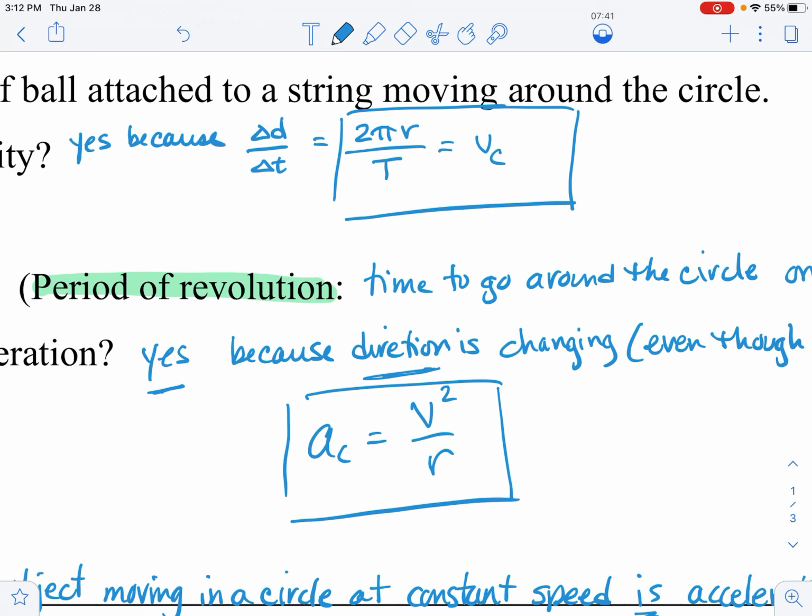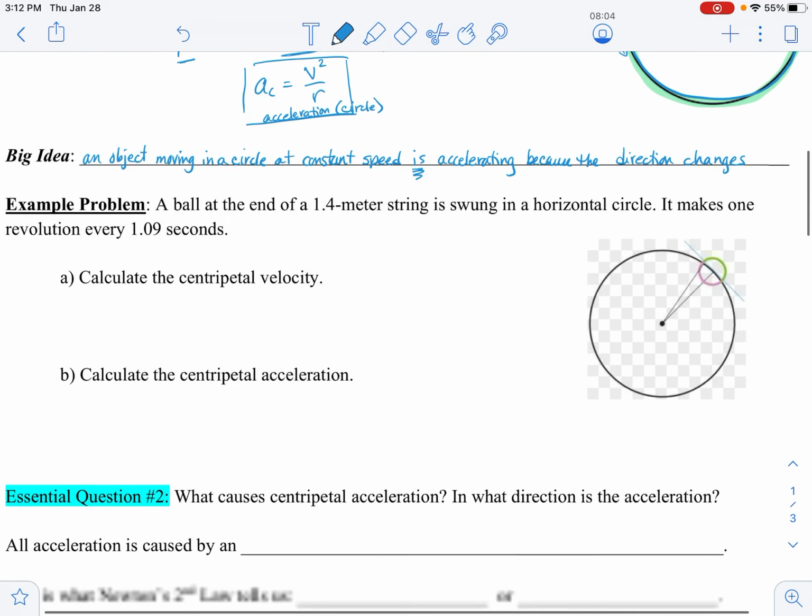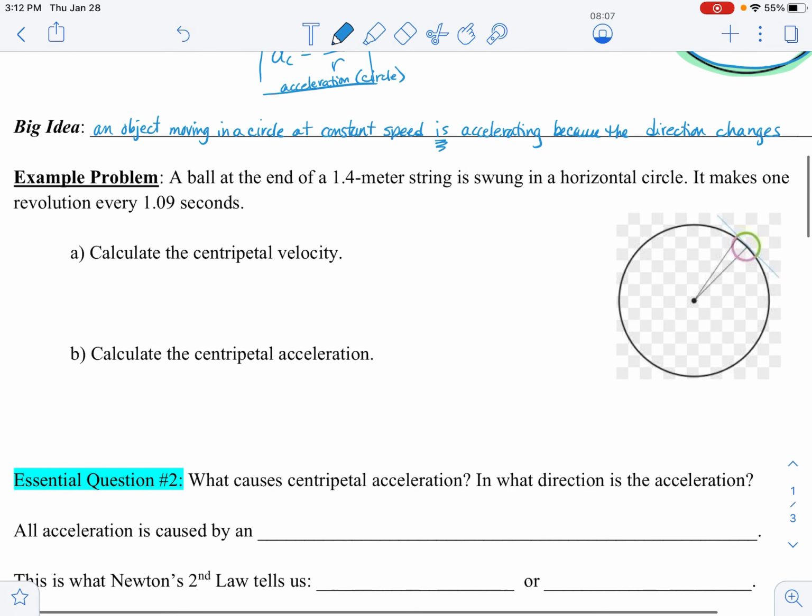For the first part of second semester, we have the circular or centripetal velocity formula, and the C just means in a circle. And we have our centripetal acceleration formula. Again, the C just means it's moving in a circle.